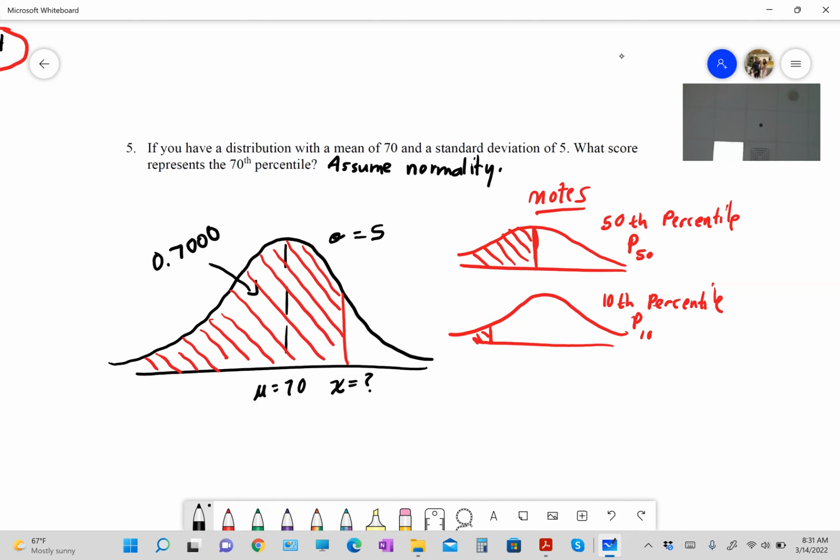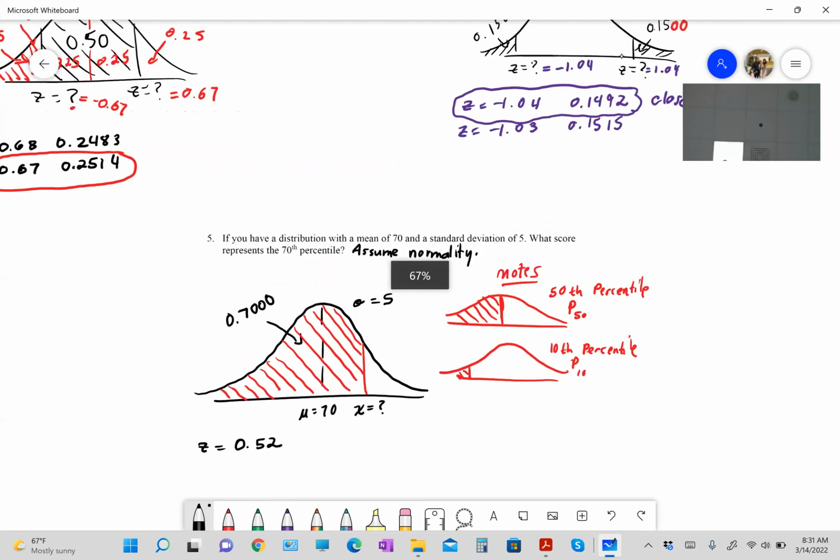Now you look up the z-scores associated with that because we want to find x. When we look at 0.7000, we got two of them: either 0.52 or 0.53.